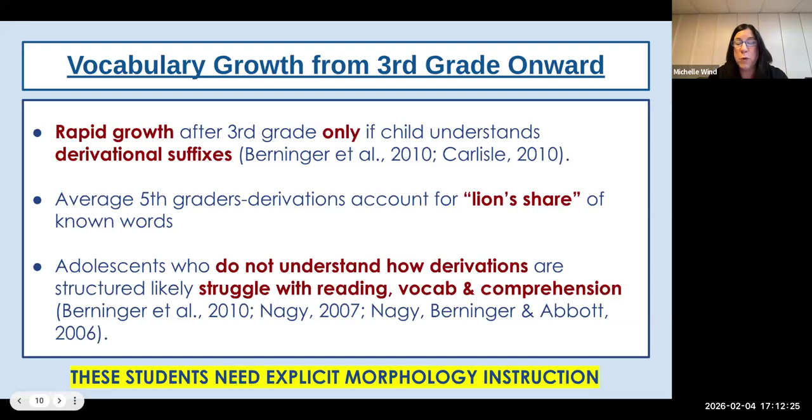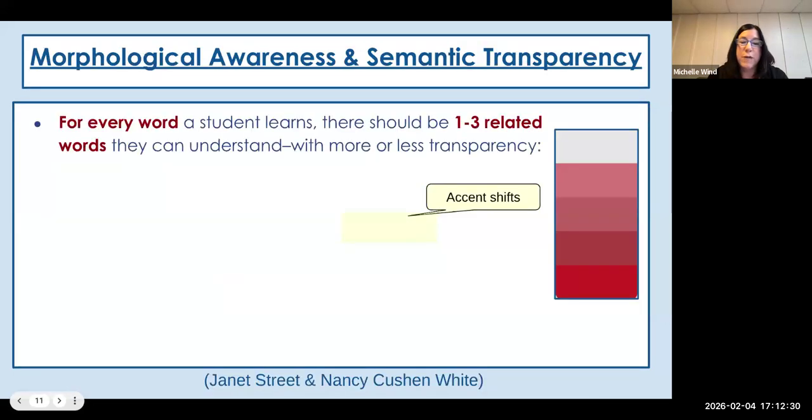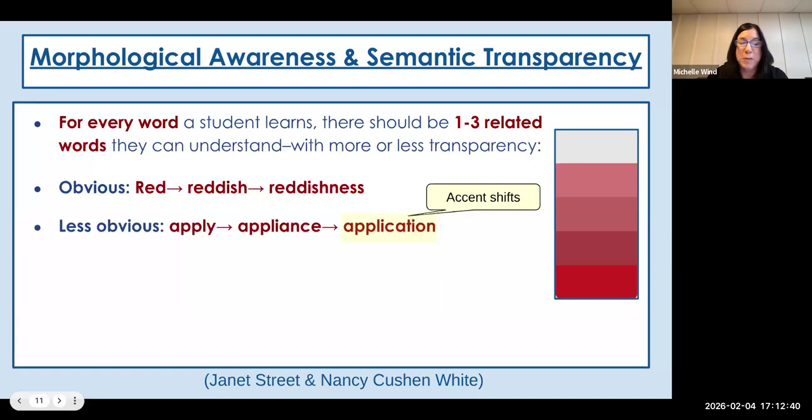So they need explicit morphological instruction. For every word a student learns, there could be 1 to 3 related words that they can understand with more or less transparency. So something more obvious would be red, reddish, and something less obvious in pronunciation and meaning might be apply and appliance. And especially it gets more complex when the accent starts to shift.